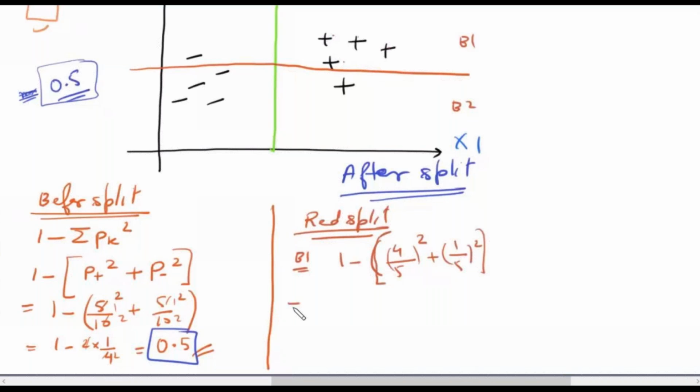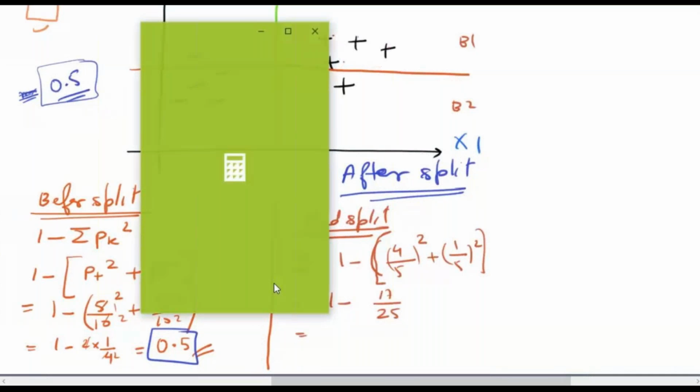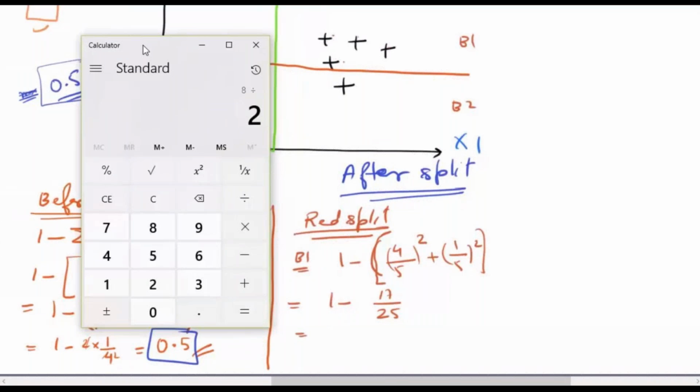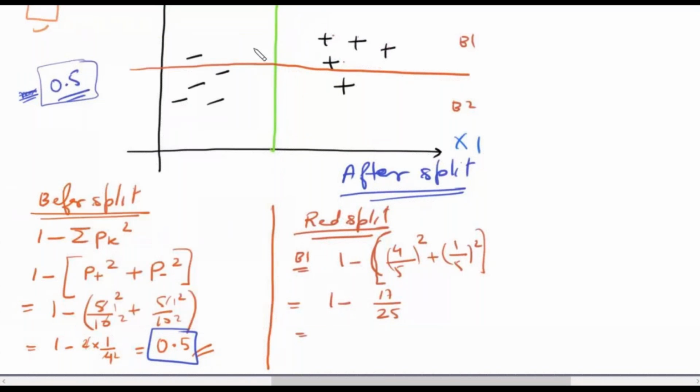So this is the value of Gini index. Let me directly take it: 4 fours are 16 and 1 is 17. Let me calculate this quickly with a calculator. So 25 minus 17 by 25 gives me 0.32. So this is the value of Gini index in bucket 1, 0.32.